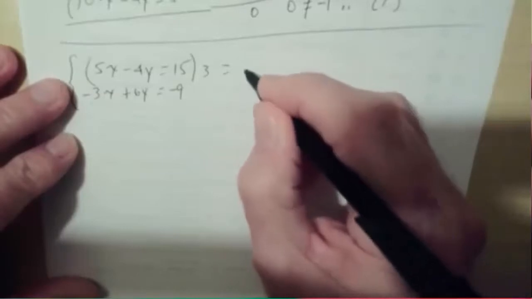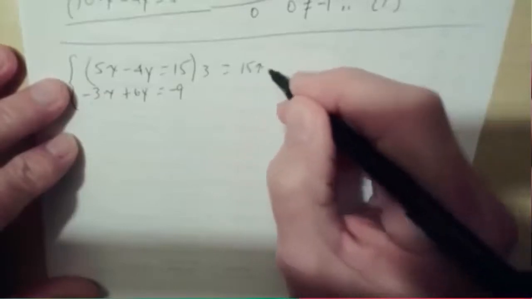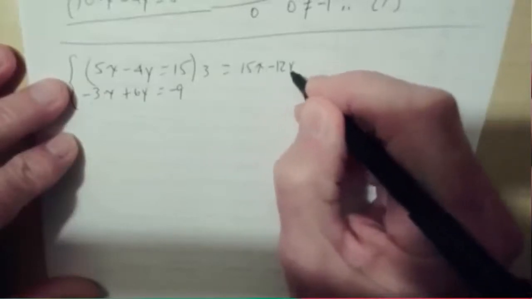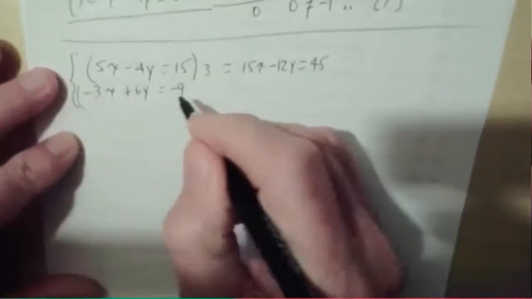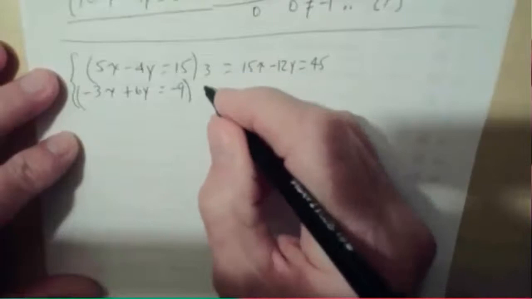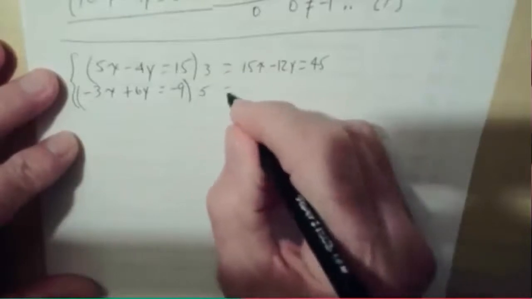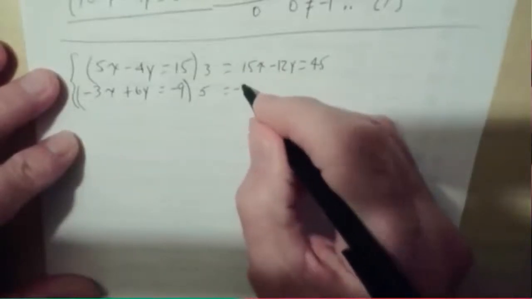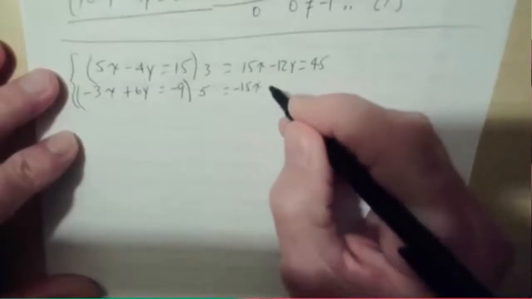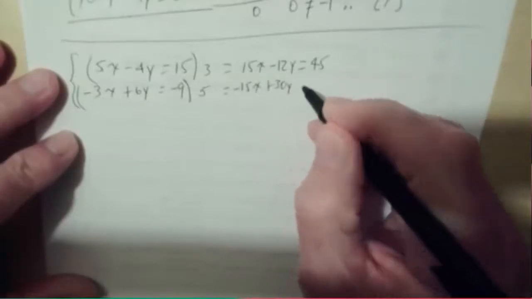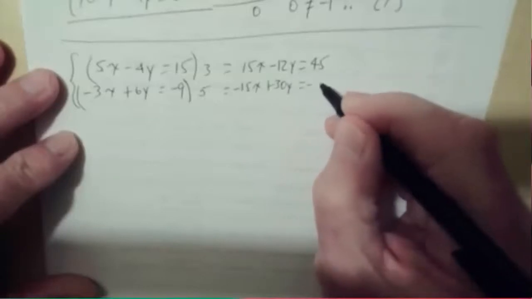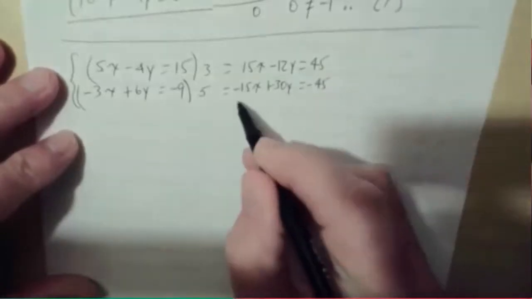And that equals 15x minus 12y equals, I think, 45. And this one we're going to multiply by 5. And we get negative 15x plus, what is it, 30y equals negative 45, I think.